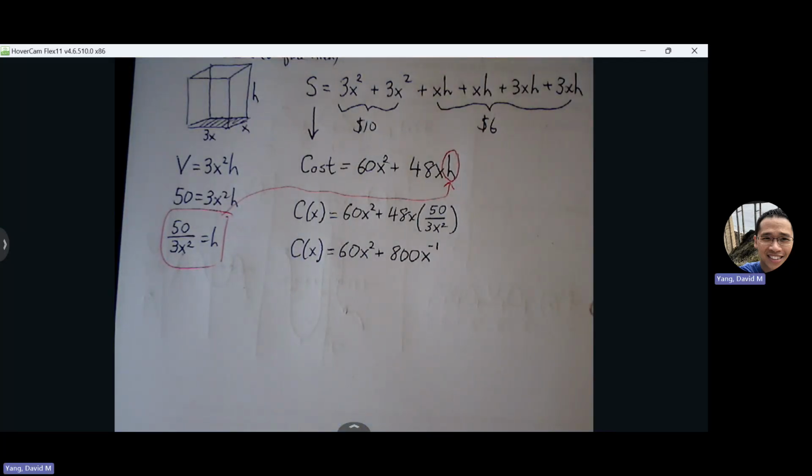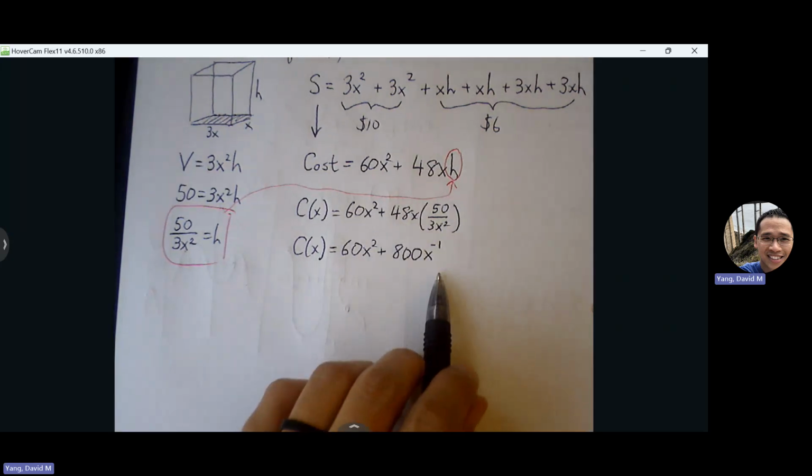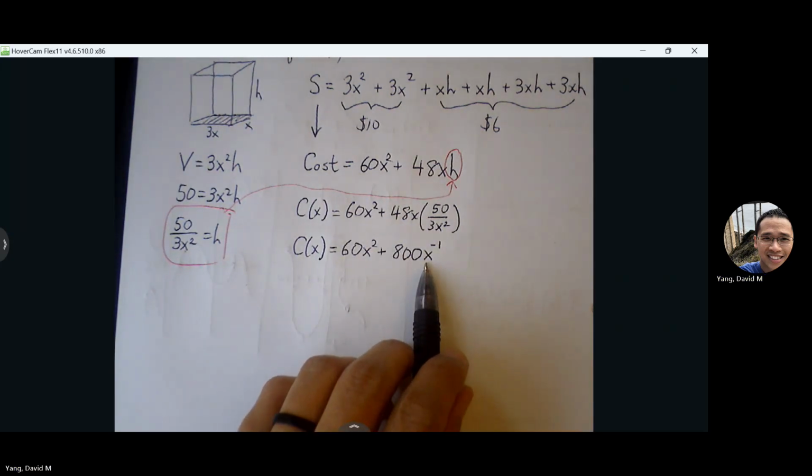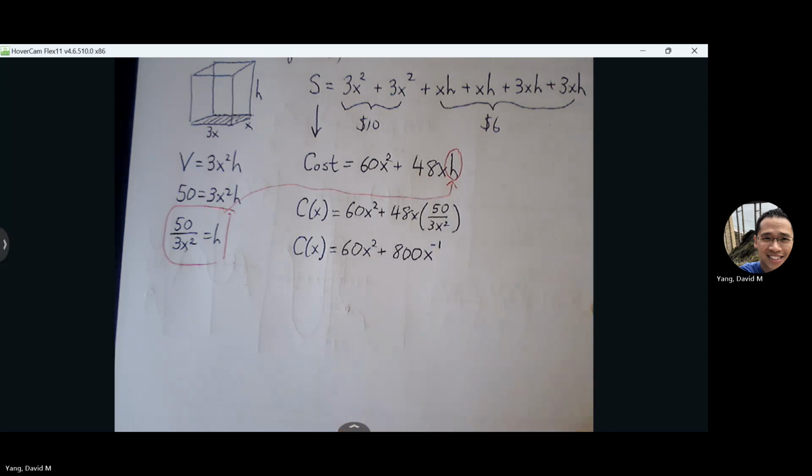For my second expression, the x's do cancel out. There's an x left over in the denominator, but I'm pushing it up to the top to get it ready for power rule. Any questions up to this point?